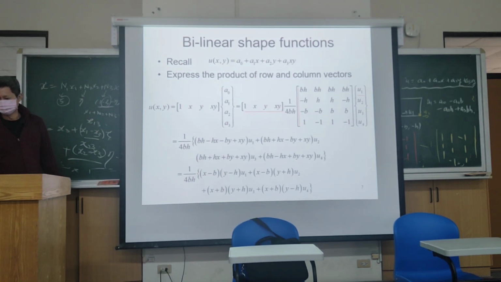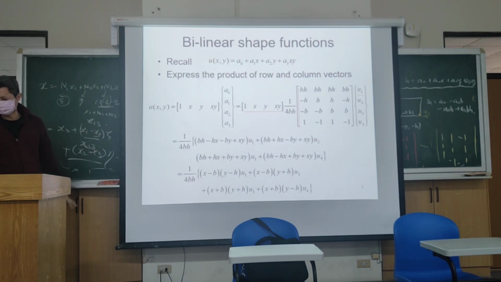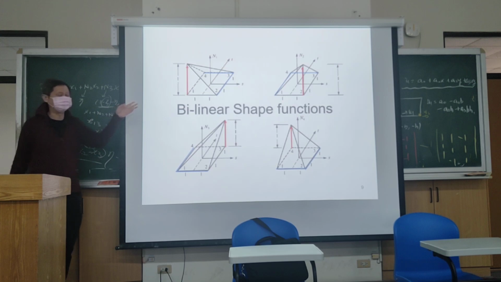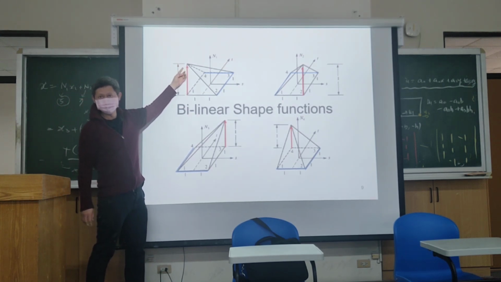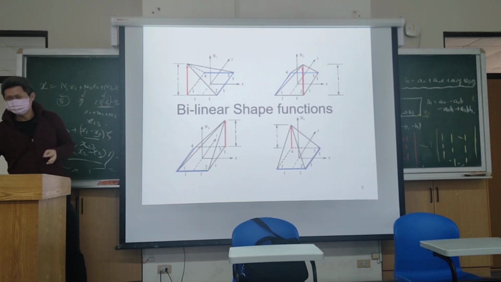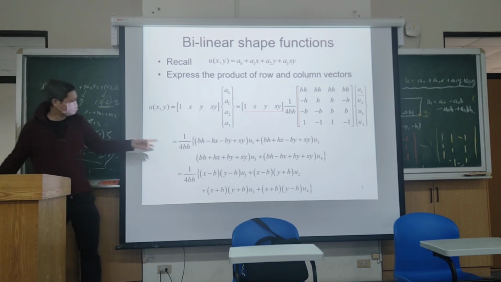Okay? So you may not know what the shape of the shape function is. Okay? But you know that the shape function must be 1 at its own node. No matter how complicated the expression looks, it should satisfy this condition.